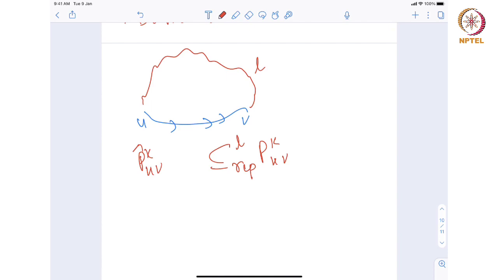What is the meaning of this? For every u, v, I compute an L-representative for it.